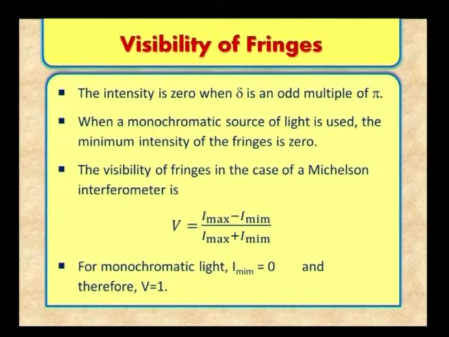The visibility of fringes in the case of a Michelson's interferometer is defined as visibility V is equal to I max minus I min, where max and min correspond to maximum and minimum intensities, divided by I max plus I min. For monochromatic light, as given earlier, I min is equal to 0 and therefore V will be equal to 1.